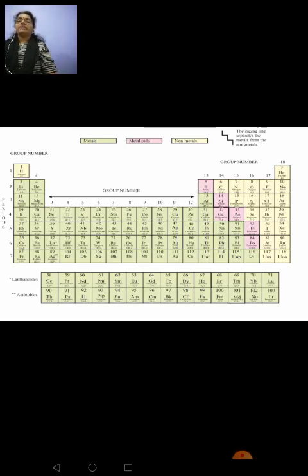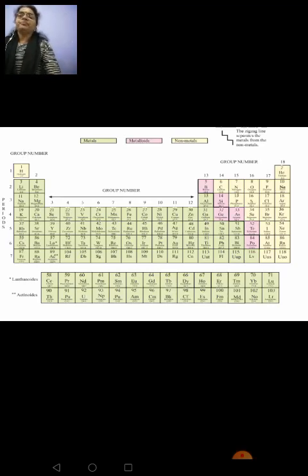In the modern periodic table, we have 7 periods and 18 groups, and it has 4 blocks: S, P, D and F. In the upcoming slides, we will learn how the elements are placed under proper groups, what rule is adopted when elements are put under one particular group, what rule is adopted when the elements come under one period, and how the elements are arranged in the modern periodic table. Where do you find metals, non-metals, metalloids, and under which group you find them. This is what you will be learning today.